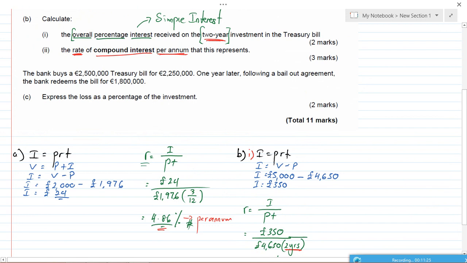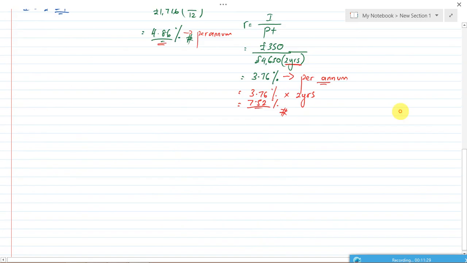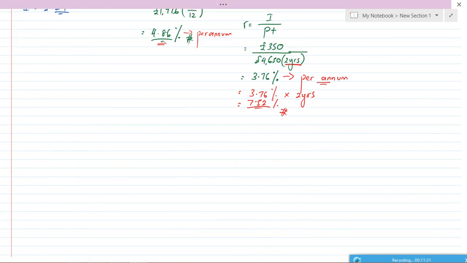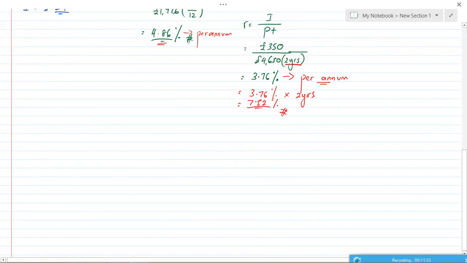So this is going to be as usual per annum. Number 2, compound interest. Put the formula in first. V equals P(1 plus R) power of T.